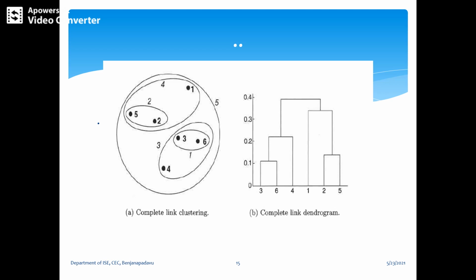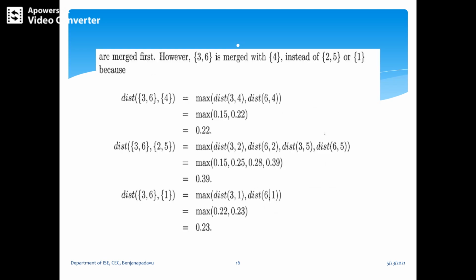The dendrogram shows how exactly we have merged the two nearest points. First we took 3 and 6, and in the previous diagram we merged that with 4. So for the distance of 3, 6 and 4, we find the maximum distance.